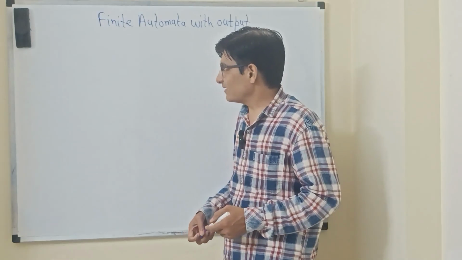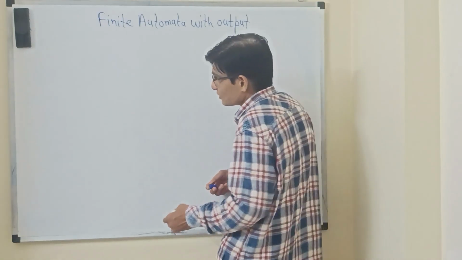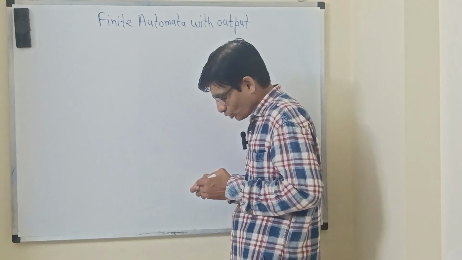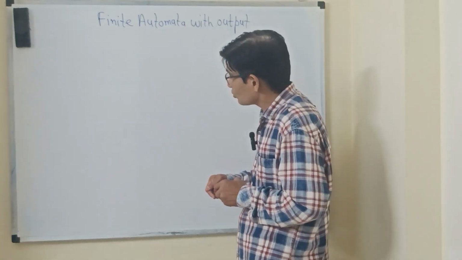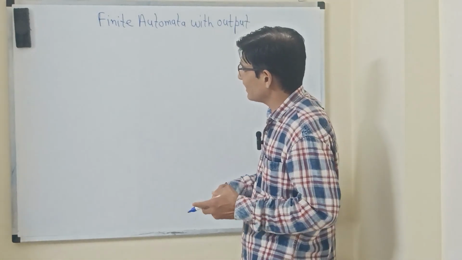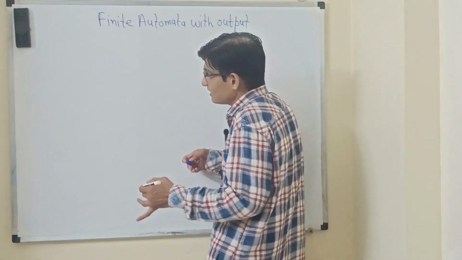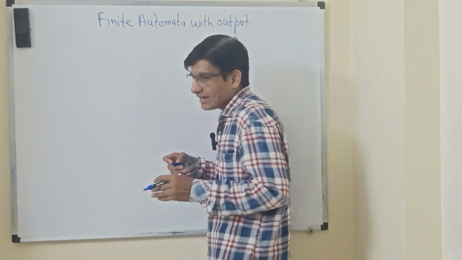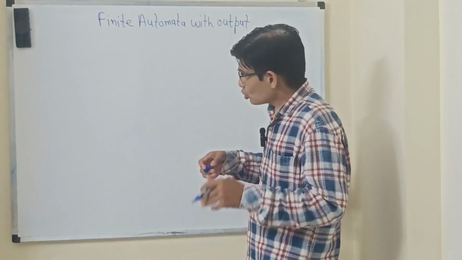In this category, my friends, we will discuss two types of finite automata. There are two categories of these kinds of finite automata, and both are named after their creators.